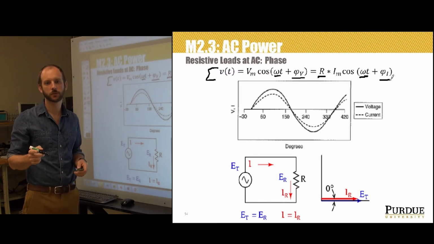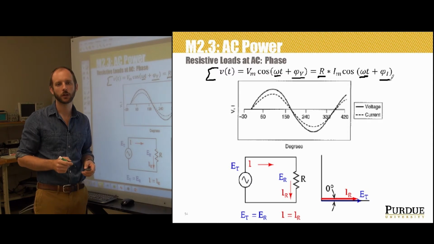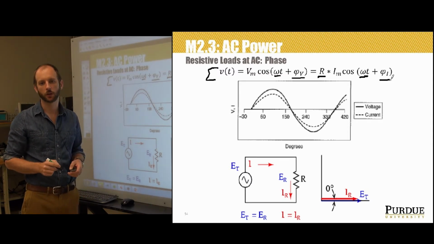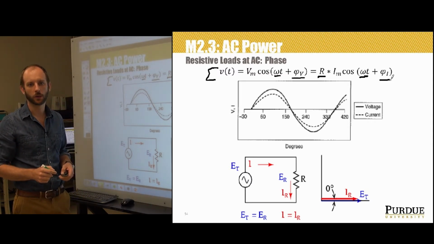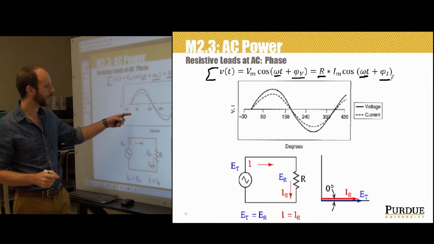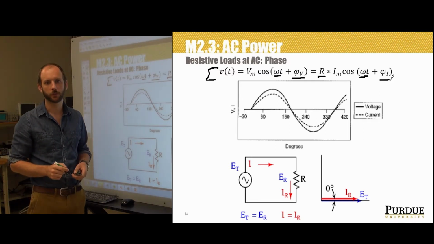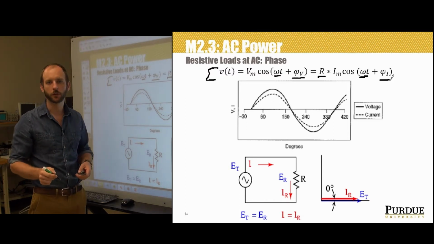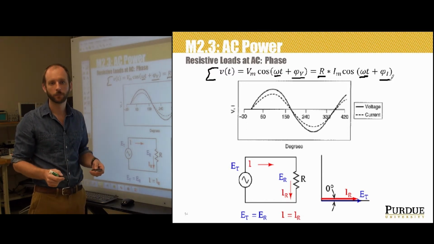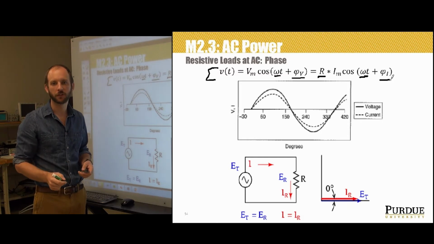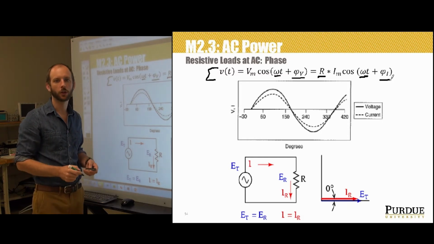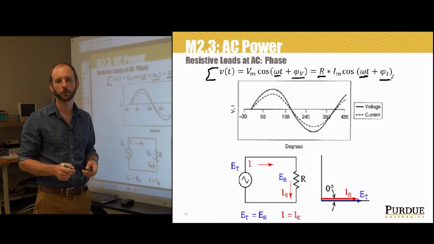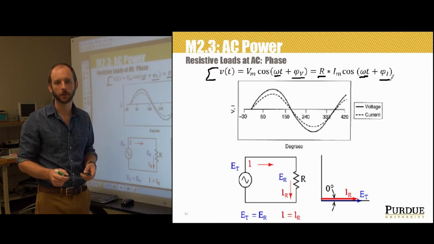What this is really saying is that at the terminals of a resistor, there is no phase shift between the current and the voltage in AC quantities. So this image depicts this relationship where the phase angle of the voltage and the current are equal. The signals are said to be in phase because they both reach the corresponding values on the respective curves at the same time.